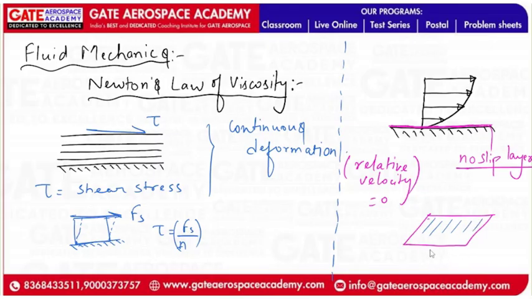If I keep this plate stationary, this water layer will also be stationary. But if I move the plate with the velocity u, this water layer also moves with the velocity u. So that means there is no relative motion between these two. The relative velocity between these two is 0. That's what I am saying. This is what I am trying to explain to you.